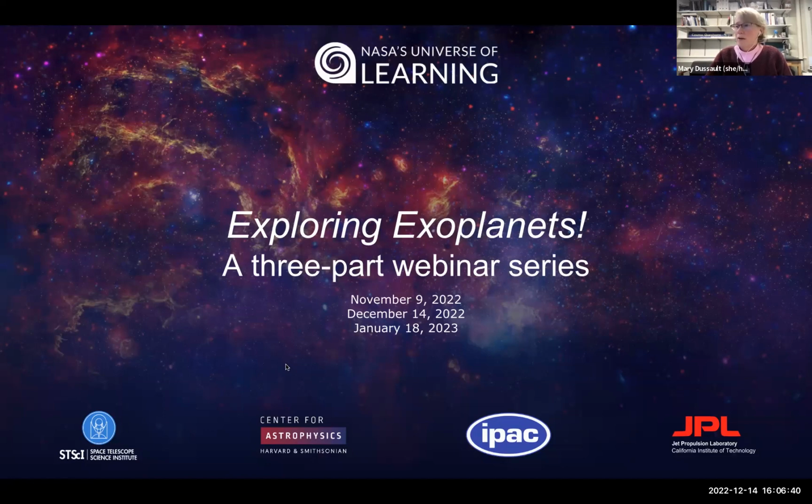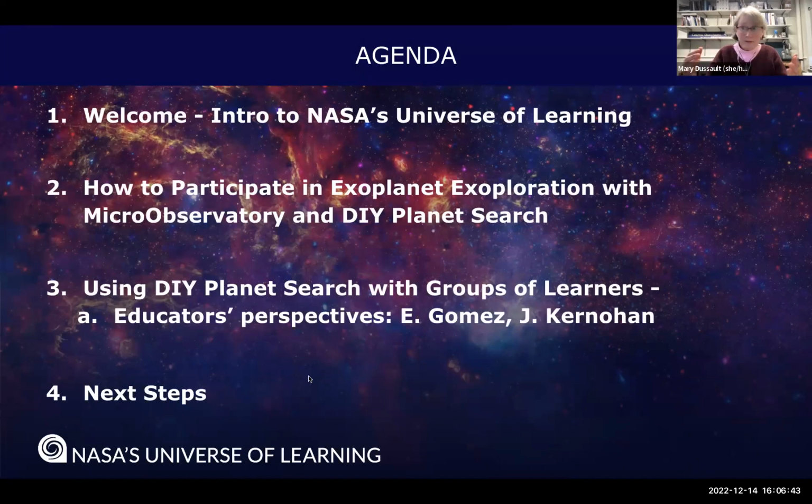The agenda for today is a little bit of an introduction to NASA's Universe of Learning, but the main part of the agenda is to give you a tour through our DIY Planet Search portal to the MicroObservatory robotic telescope network, which allows you to go through the whole process of collecting data of real exoplanets, analyzing it, and seeing if you see the telltale signal of an alien world around a star outside our solar system.